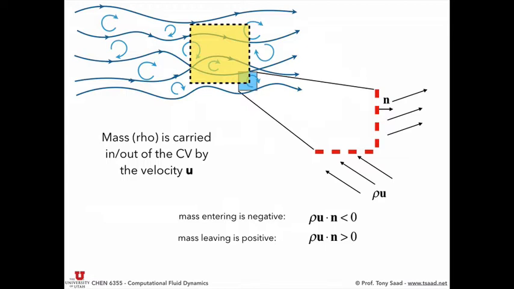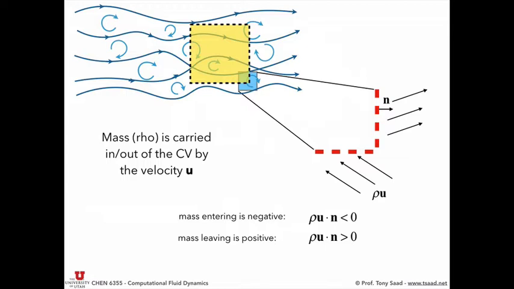I drew a very simple rectangular surface over here, and if you blow this up, right, you're going to have fluid coming in at an angle, not necessarily perpendicular. So that's really why you take the dot product with the unit normal to only account for the component of mass that is entering the volume, and also the component of mass that is leaving the volume. Okay? Mass entering is negative, and mass leaving is positive.